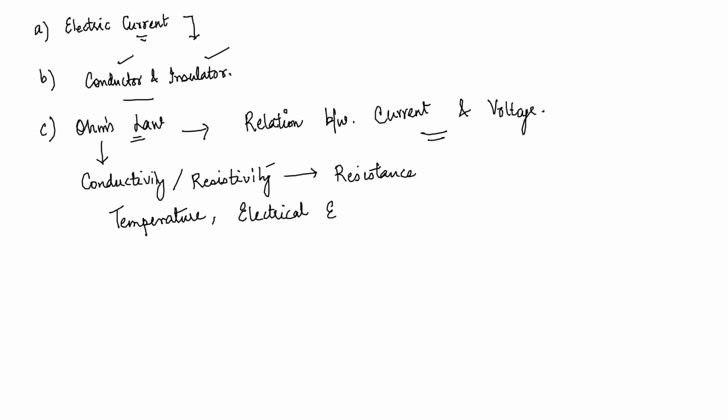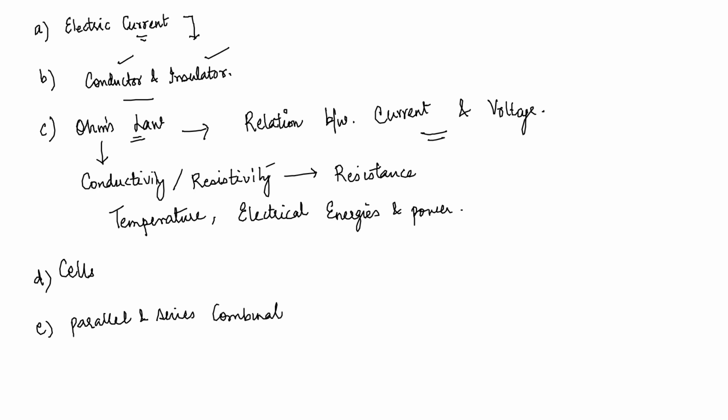Then we will read about electrical energy and power. And then we'll read about cells, EMF, internal resistance, cells in series and parallel. So all about cells. Then I'll take one special class on the series and parallel combinations of resistors.